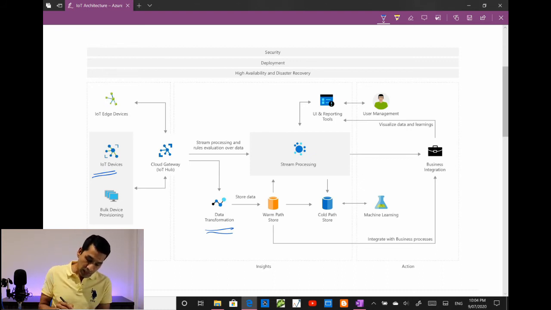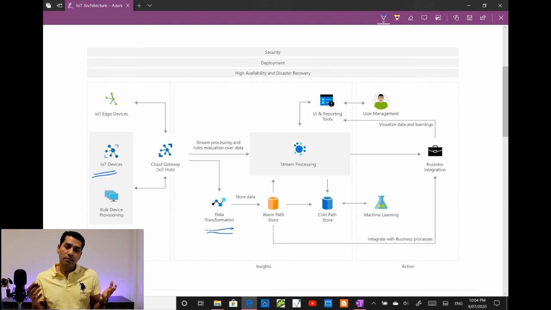Now, when it is processed in real time using stream processing or stream analytics, which is a service in Azure, you consider that like a warm path. You're doing analysis in real time. Probably when the number of average door operations within a month exceeds 2000, you're going to see failure much earlier than 2 years, as in that scenario.